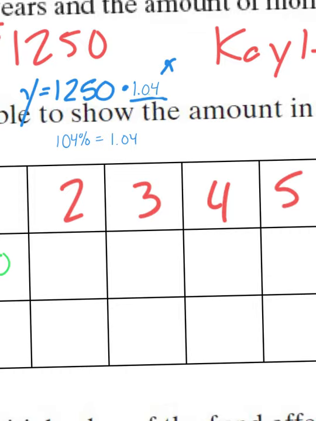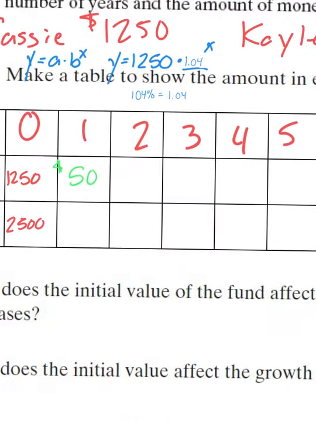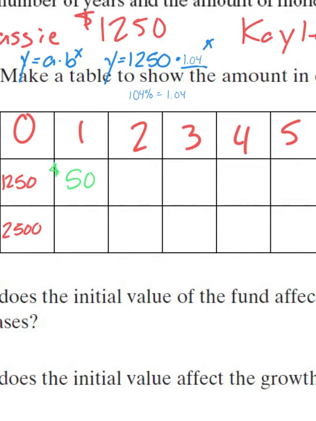So she is getting 4% interest, but she's also keeping 100% of the money she started with. So what that means is she's going to get the $1,250 plus the $50 interest. And so if I take $1,250 times 1.04, I'm going to get $1,300.